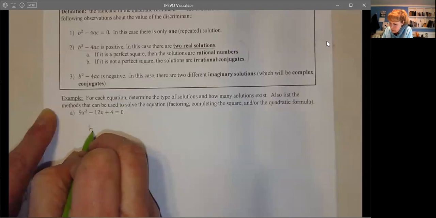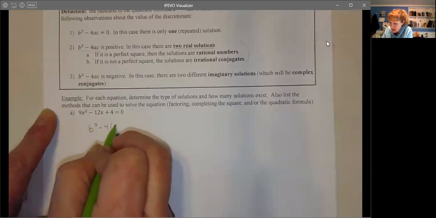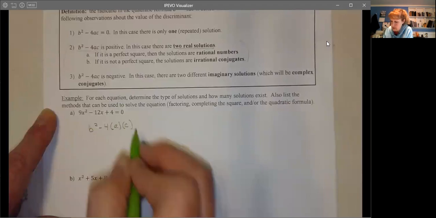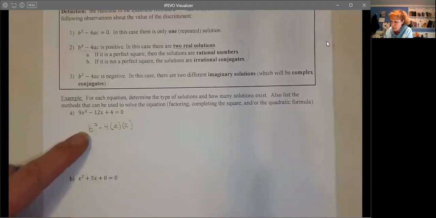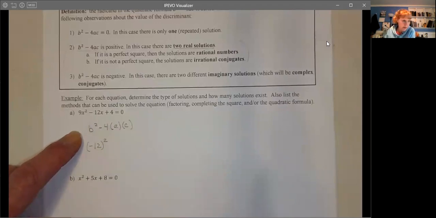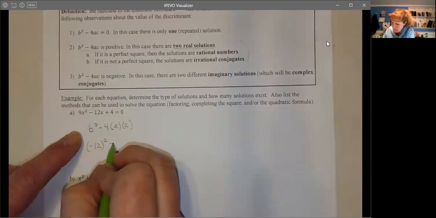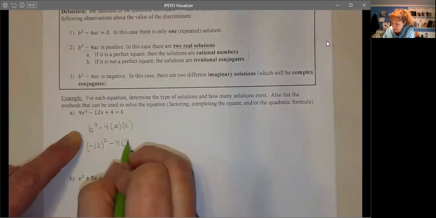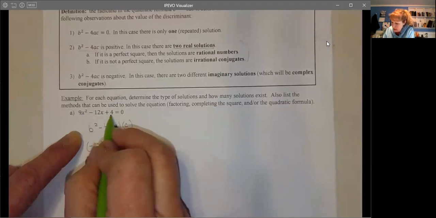So we've got b squared minus 4 times a times c. I don't know why I put parentheses, but that's okay. Okay, so we take b squared, negative 12 squared. Remember, that'll always be positive when it comes out. Minus 4, a is 9, the c is 4.